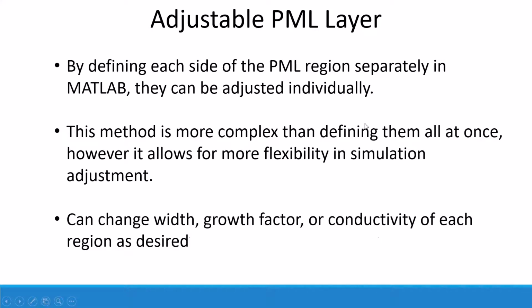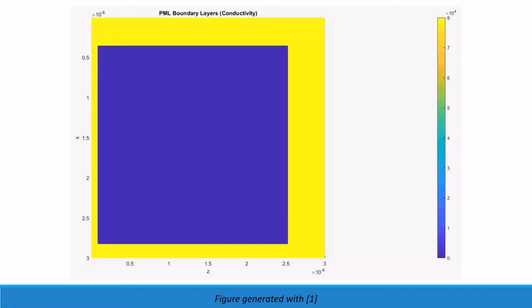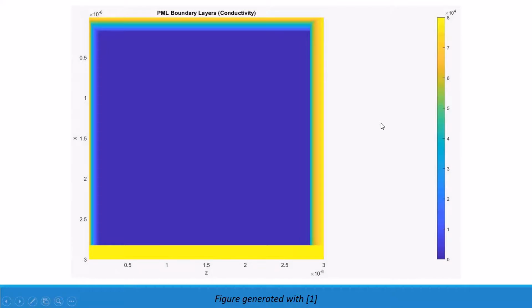So again, we'll go over some quick examples here. This one shows some different widths for the PML boundary layer. Here we have different growth factors: 0 on the bottom, a very low one over here, and a very high one over here.